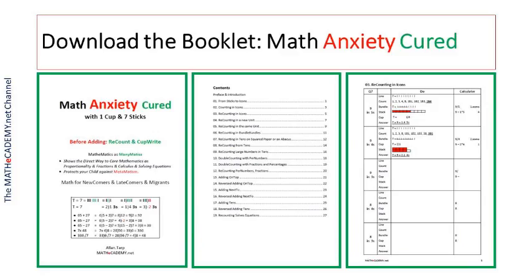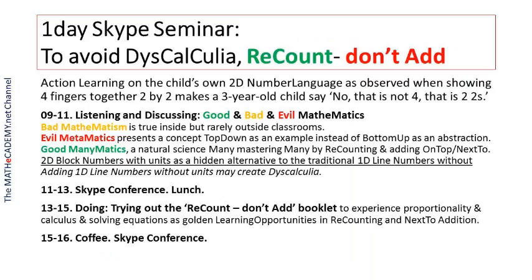To try out recounting and cup writing yourself, you can download the short version of the booklet called Math Anxiety Cured with 1 Cup and 7 Sticks. Teachers or parents wanting to learn more about recounting and cup writing can arrange a one-day Skype seminar designed to investigate the child's own two-dimensional numbers, as observed when showing 4 fingers together 2 by 2 makes a 3-year-old child say, "No, that is not 4, that is 2 twos."